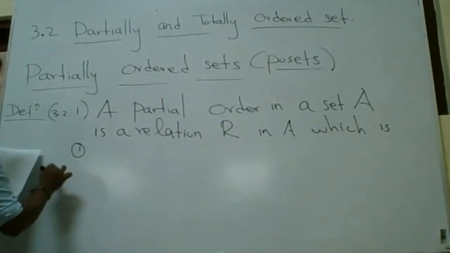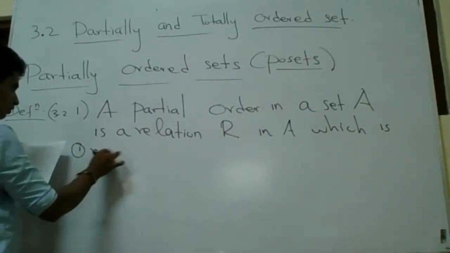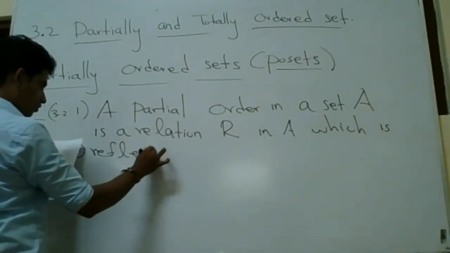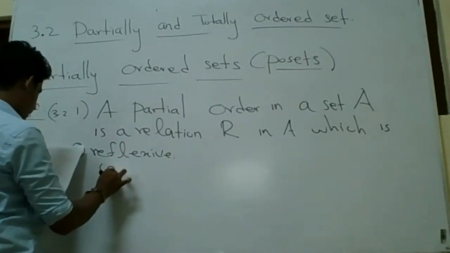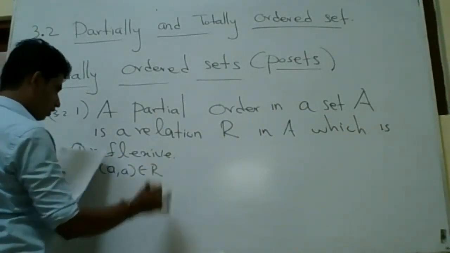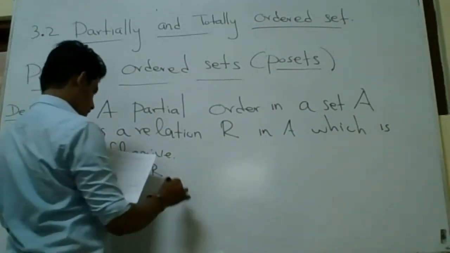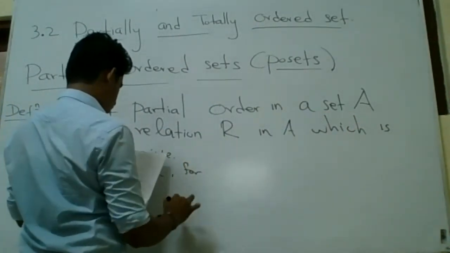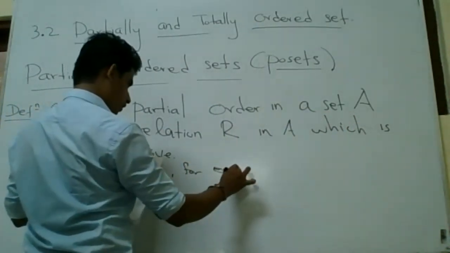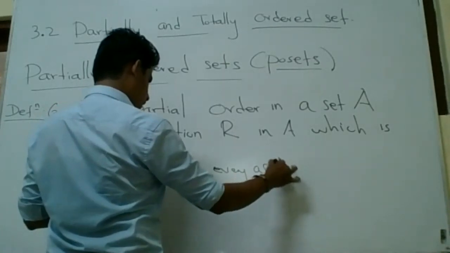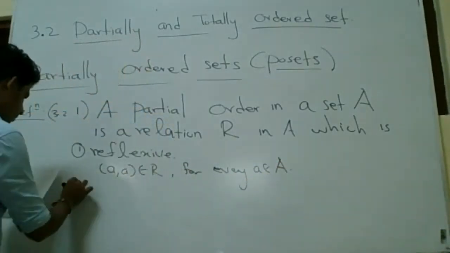Reflexive means the same element, (a, a) belongs to the relation, for every a belonging to A. The second one is antisymmetric.